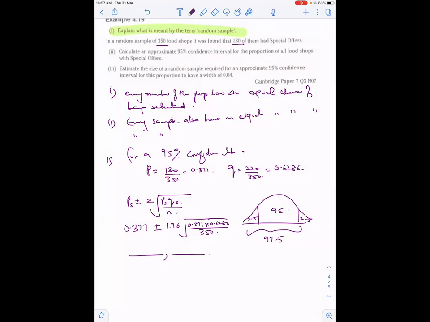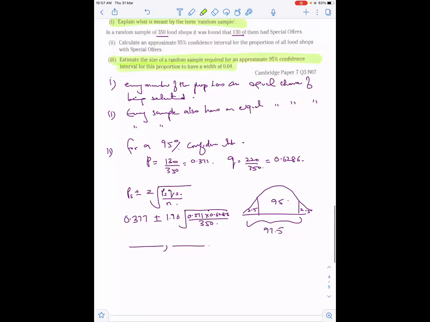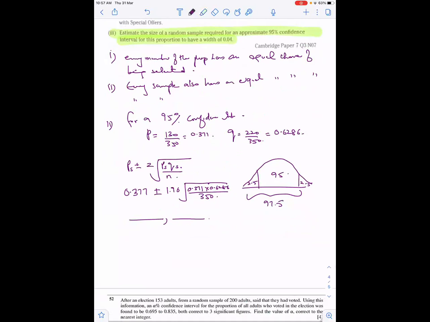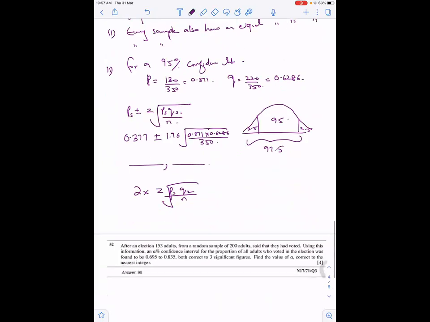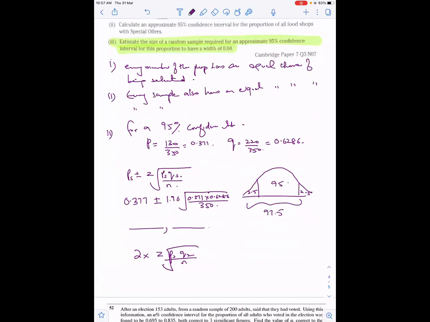As far as your understanding, I'm doing the second part now. Estimate the size of a random sample required for an approximate 95% confidence interval for this proportion to have a width of 0.04. We have the formula for the width. Width is 2 times z into root of pq upon n. The width should be 0.04.